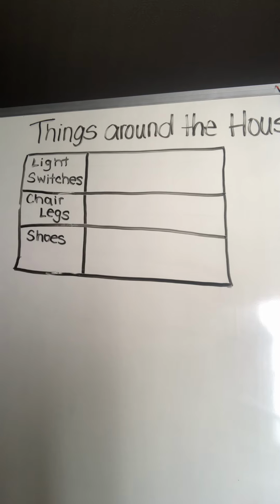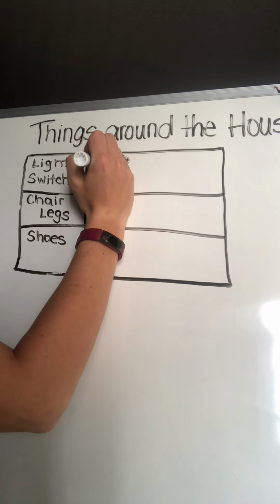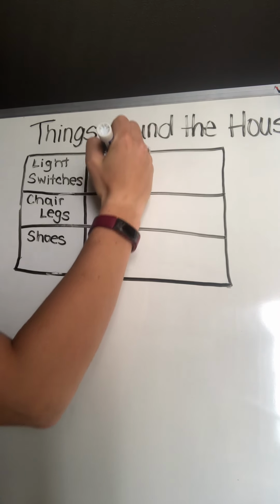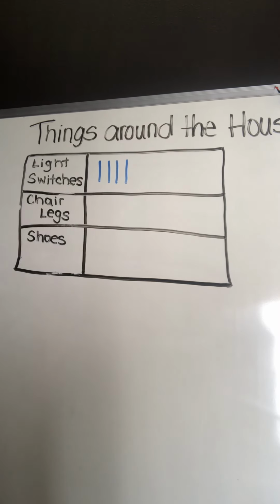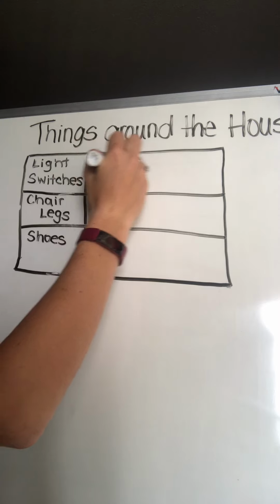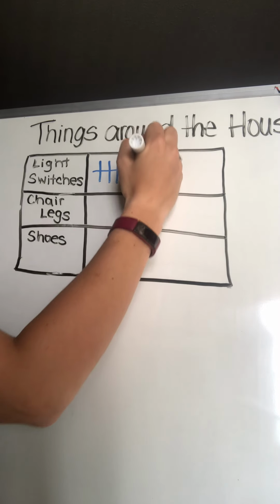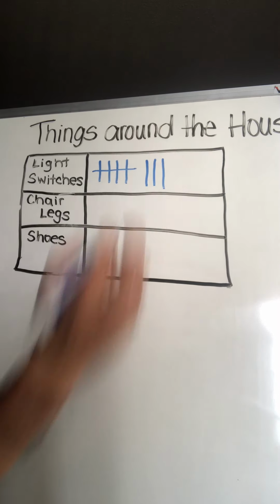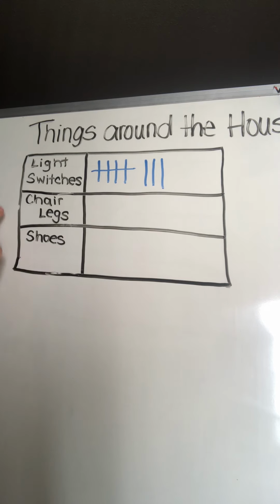So I'm gonna add 8 tally marks. 1, 2, 3, 4, and remember, the 5th one is our ninja chop. 5, 6, 7, 8.